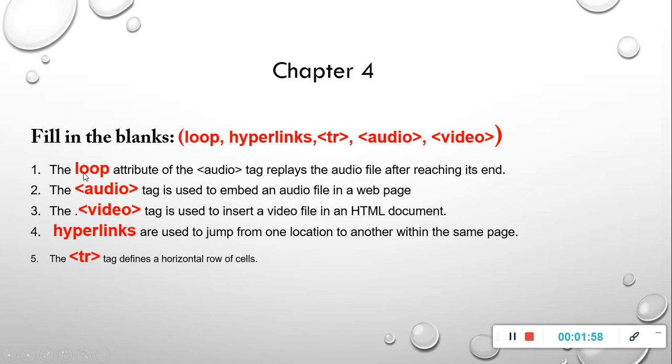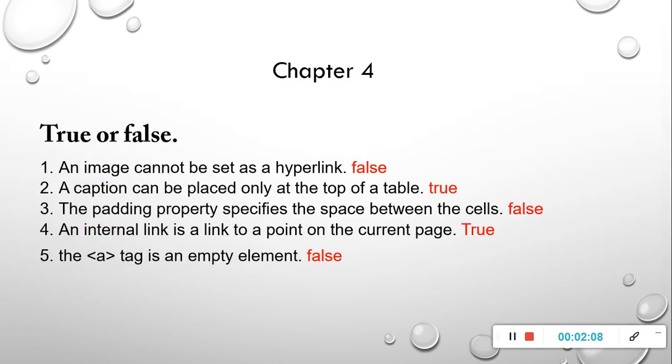First is loop, second is audio tag, third is video tag, then hyperlinks and TR, the table row tag. Then next, true or false. In this also, whatever is given in red color is your answer: false, true, false, true, false. Please read all these sentences and recognize the answers.